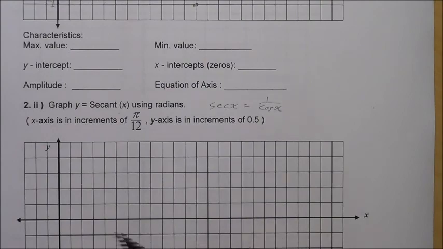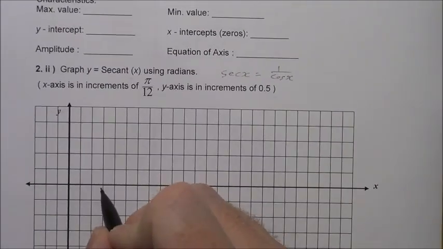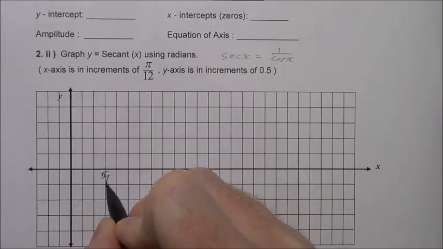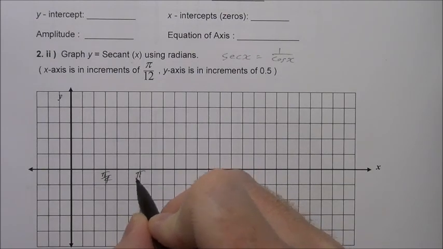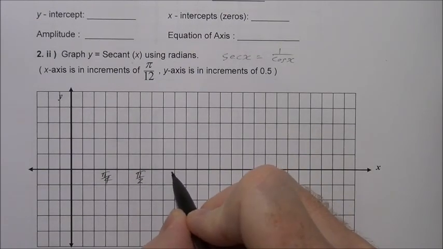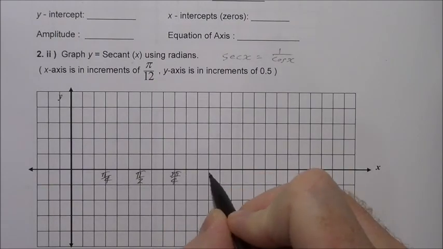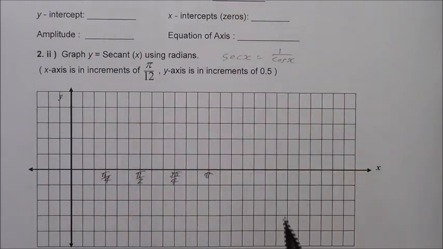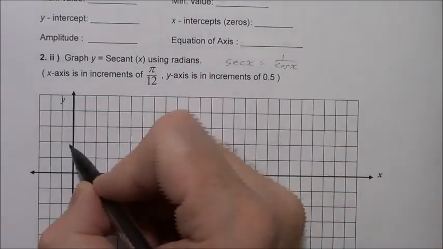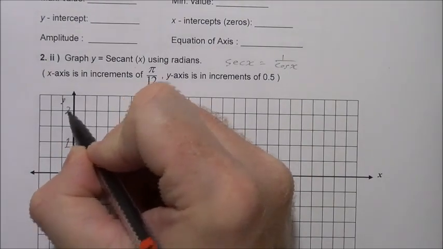Same increments again. Here we've got pi by 4, pi by 2 is here, 3 pi by 4, and then pi. So those will line up. And then again, the y-axis increments are in 0.5.